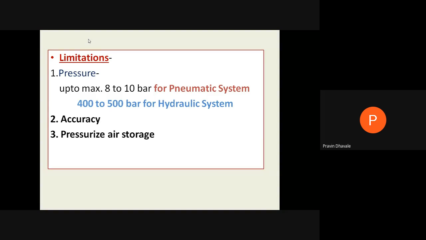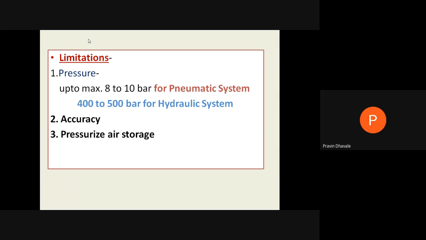Also, pressurized air storage: you have to store that air in a reservoir, and then supply it. You cannot directly supply compressed air to a particular application because compressors have certain limitations in increasing the pressure of air. But the majority of pneumatic devices operate at a pressure more than the pressure prepared by the compressor.